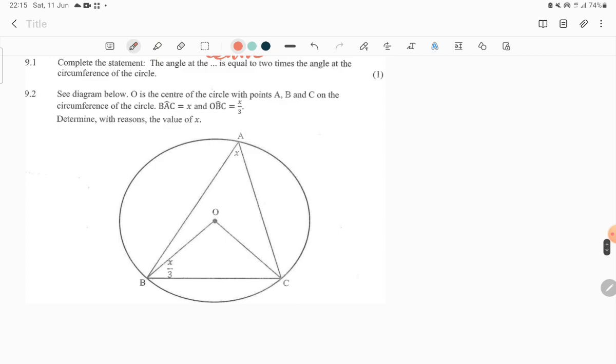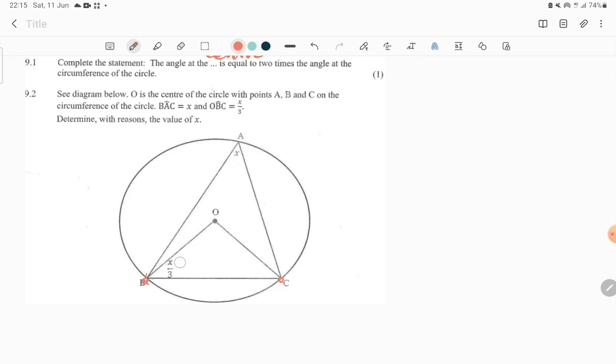Now, coming to 9.2, see the diagram below. O is the center of the circle with points A, B, and C on the circumference of the circle. Good. Then BAC, which is this angle, is equal to x, and OBC is equal to x over 3. So determine with reasons the value of x.